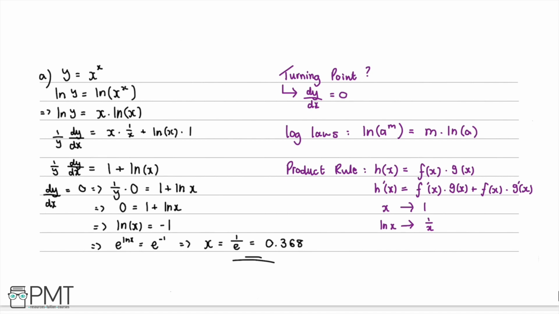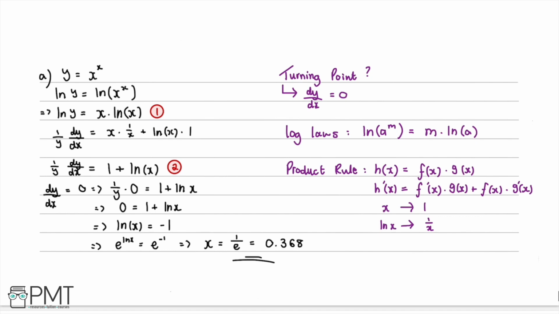So this question was worth 5 marks, and we receive our first mark for taking logarithms of both sides using the exponent log law to get to this stage here, where we had ln of y is equal to x multiplied by ln of x. We then received 2 marks for getting to the stage where we took the derivative of both sides, and that was saying that 1 over y multiplied by dy by dx is equal to 1 plus ln x.